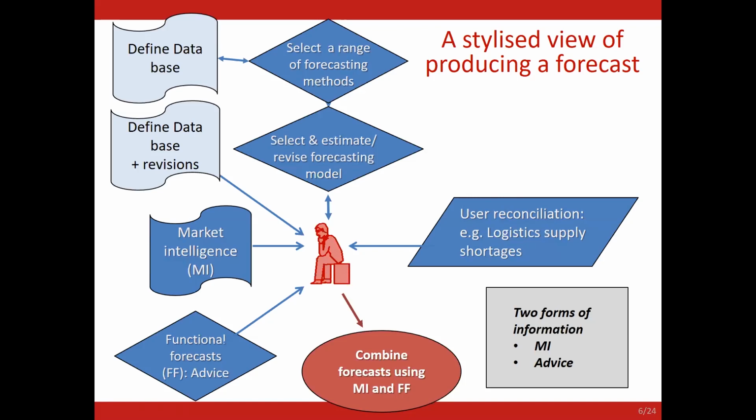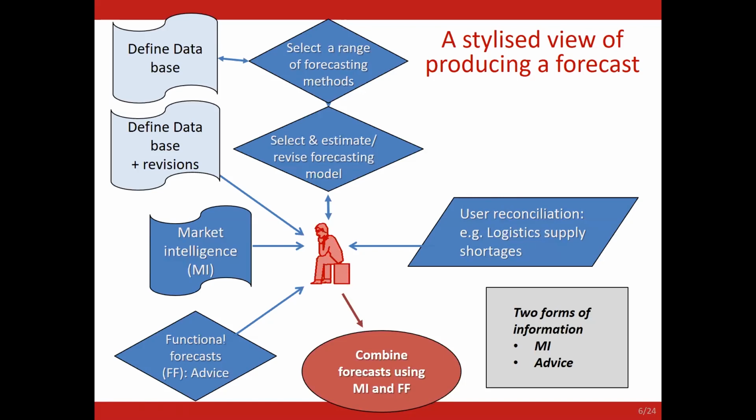So you're going to take market intelligence. Sometimes you get forecasts from other bits of the company or the organization, functional forecasts, I call them. It can be advice. So we're going to combine these various sources, some user reconciliation, perhaps including logistics, supply shortages, and so on.